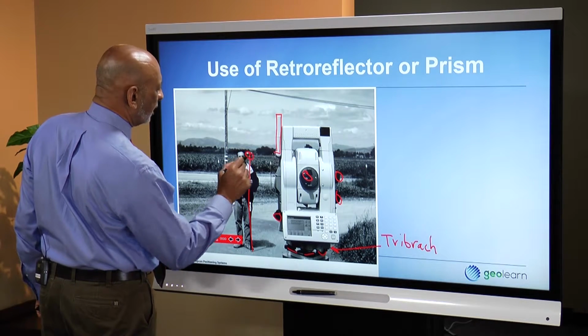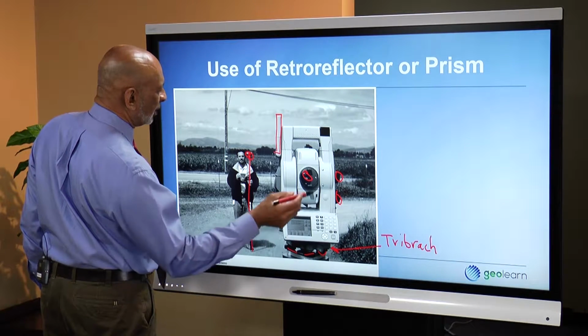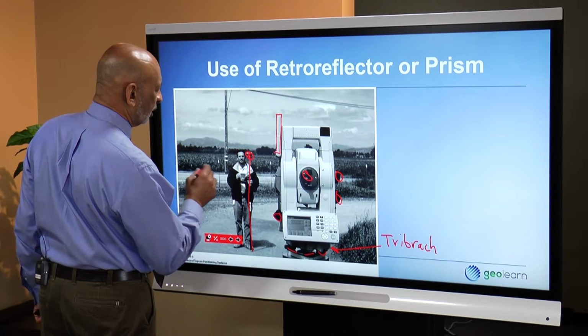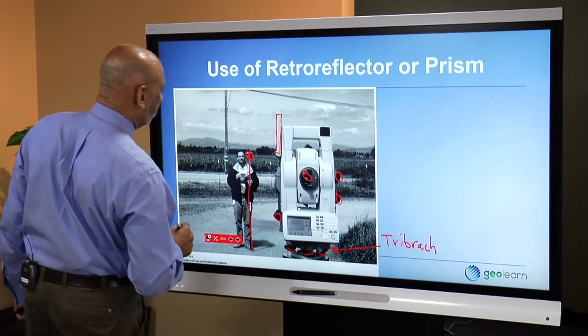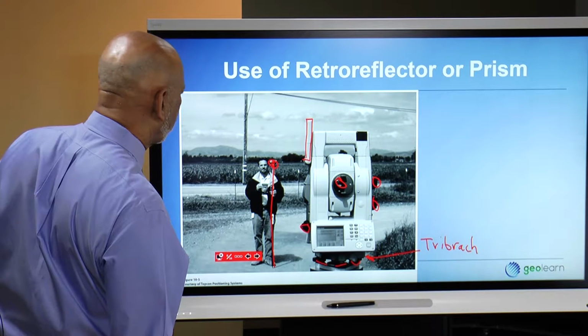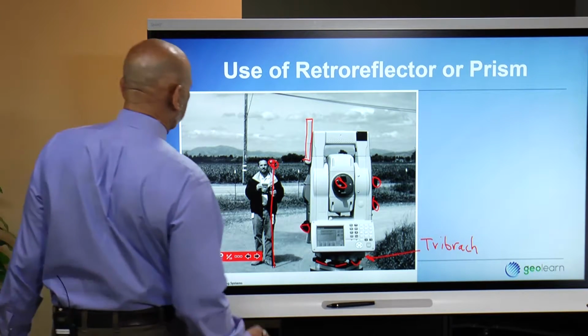It has an omnidirectional prism, and the instrument, once it has acquired lock on the prism, can then follow the survey around. And so the person in charge of the survey effort is now the person holding the rod, and there's nobody actually operating the instrument as it goes about its observations.